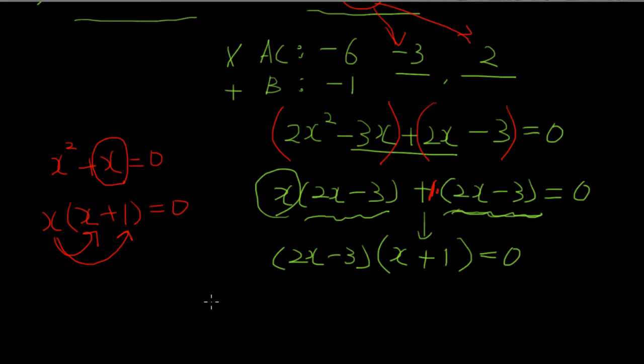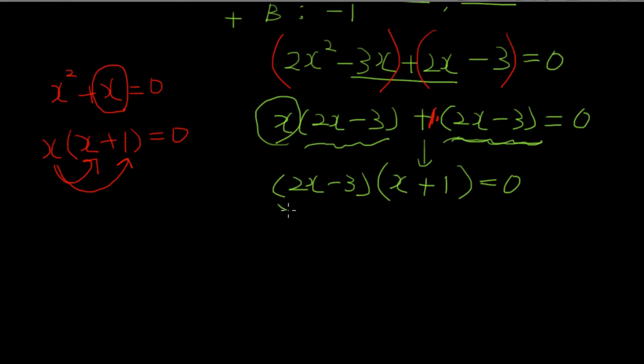So when do we get either this or this to be 0? That's our solution, right? From here, this one is easy to see: x equals -1. This one, for some of us, may not be that obvious. So let's see. 2x minus 3 equals 0.